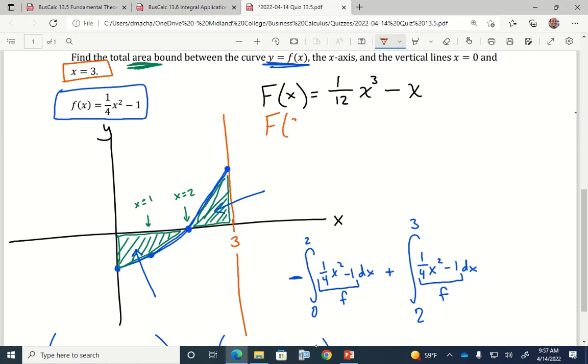Now I need to evaluate this at 3, at 2, and at 0. So I'm plugging in x equals 3, and I get 1 over 12, and 3 cubed is going to be 27, minus 3.